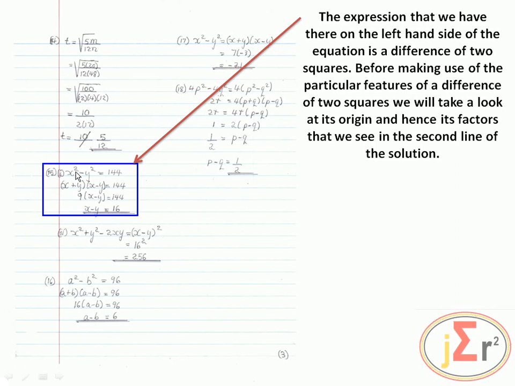So we have x squared minus y squared. That is a difference of two squares. What we have here is a representation of this exact difference of two squares, and this representation is the factorized form of the difference of two squares that we have right here.